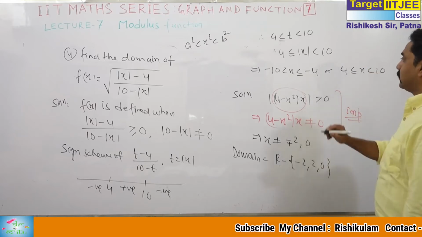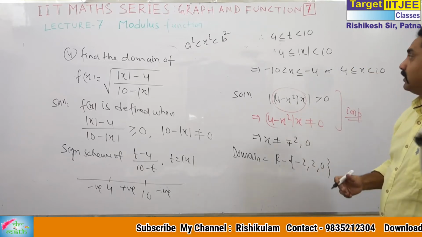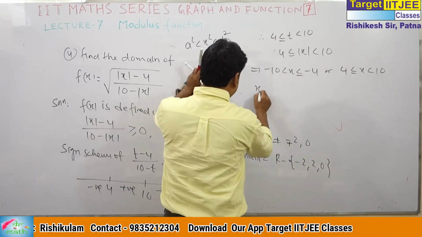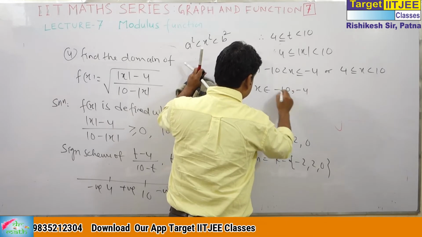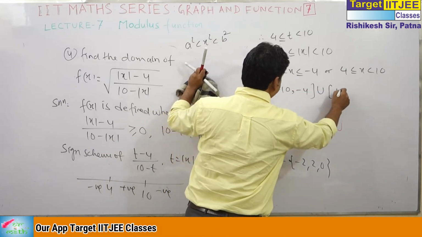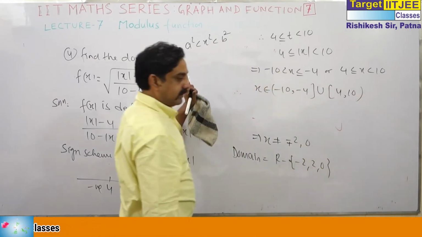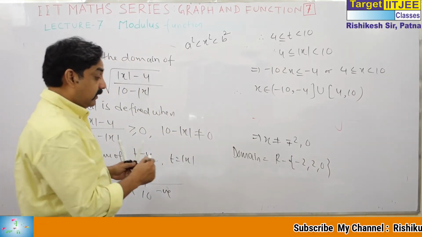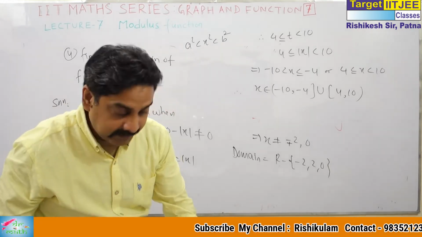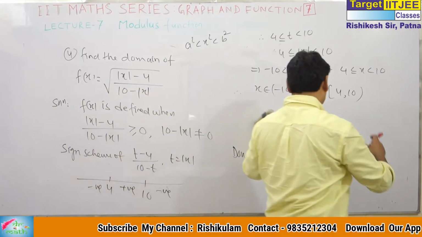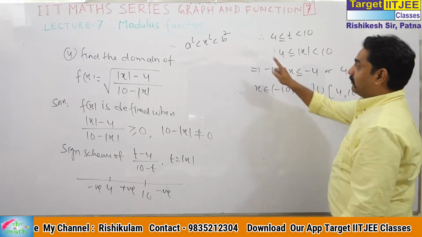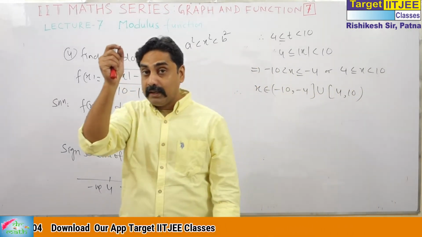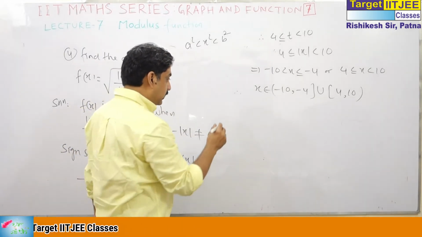So that is the domain. This is the domain of this question. If you want to write it in interval form, x belongs to minus 10 to minus 4, union 4 to 10. Minus 10 and plus 10 are open due to the denominator. But from here, let me deal with inequality of modulus in another way. I have done it one way: its values lie between minus b to minus a and a to b. But let me do the inequality in another way.